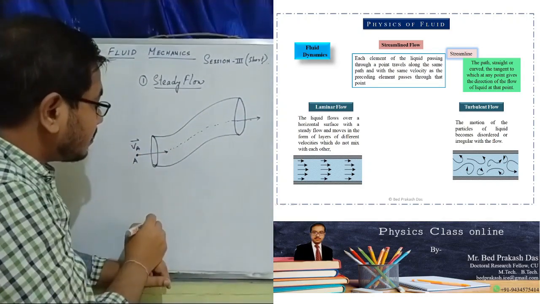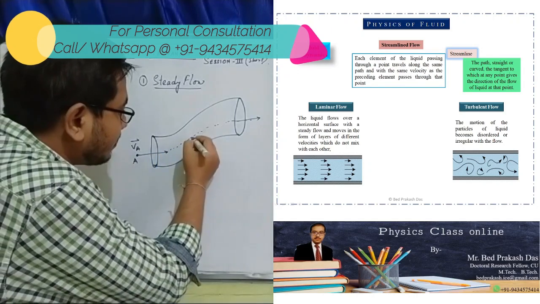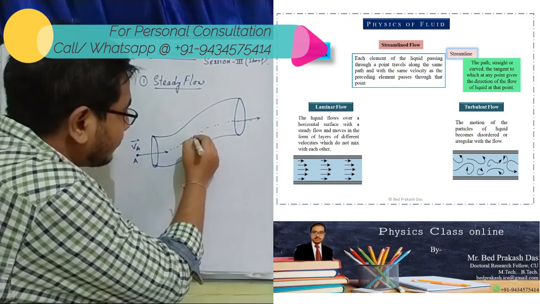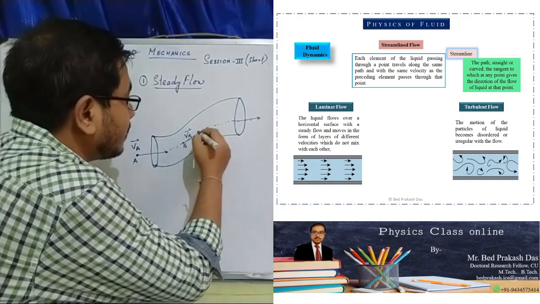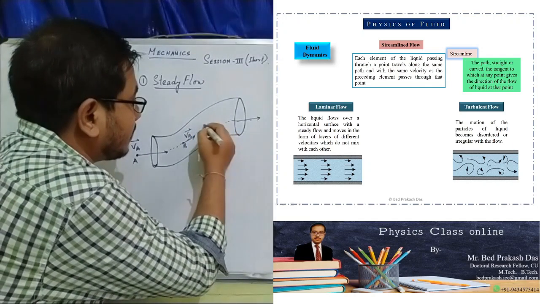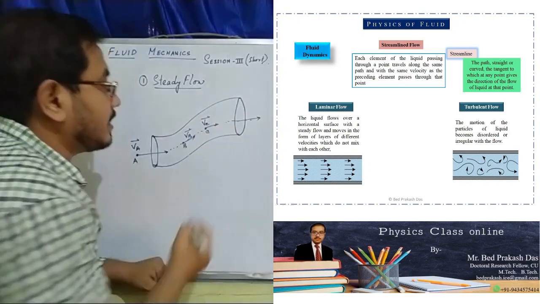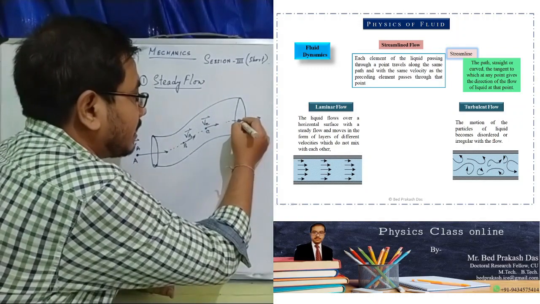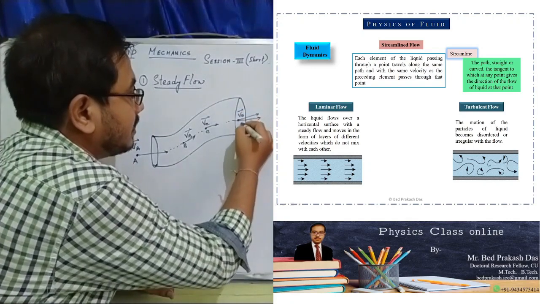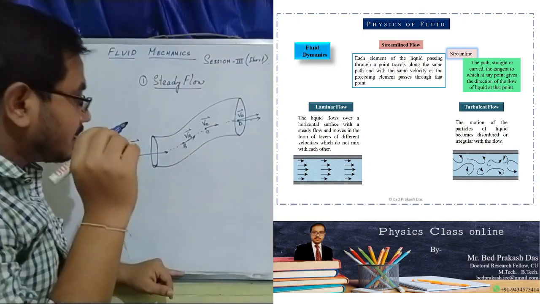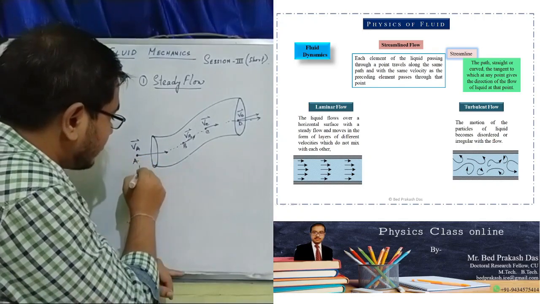It achieves a velocity of V_A at the point A, and after traveling along this line, after some time, it achieves a velocity V_B at point B. After a certain time, in this manner, it achieves a velocity of V_C at the point C, and at the outlet it achieves a velocity of V_D at the point D. Now let's see the time difference between these two points.